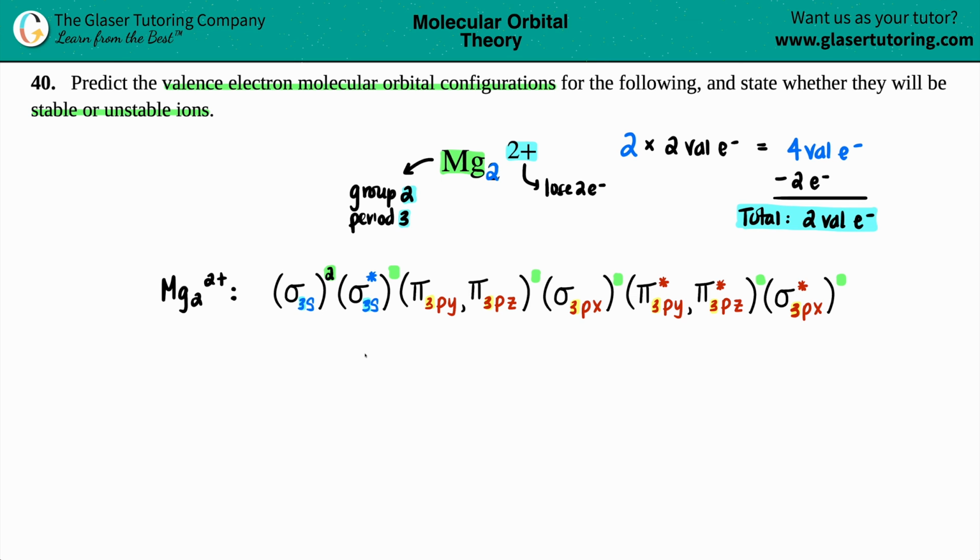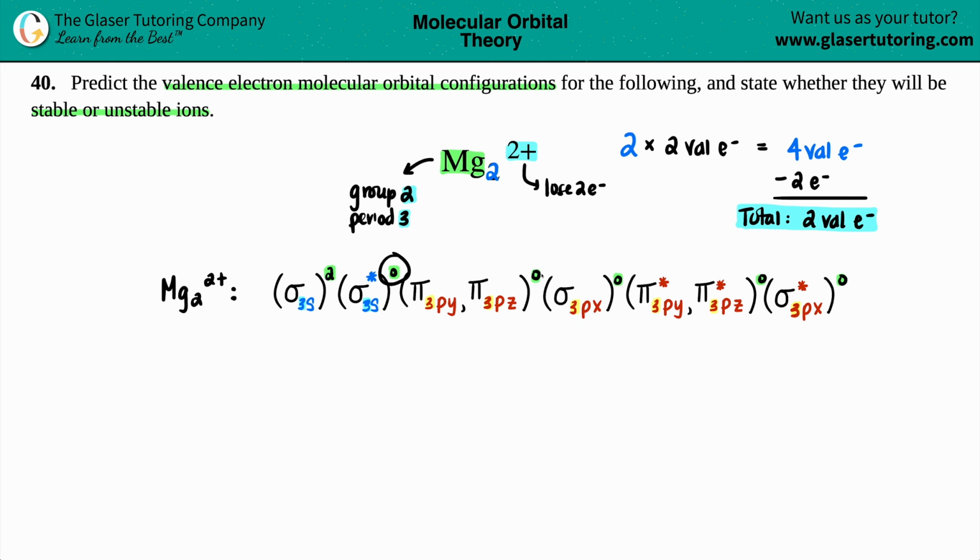And now, how many electrons are in the antibonding sigma orbital? 0. And basically, all the other ones would also be 0, because the total amount has to equal those total valence electrons. Now, for a complete answer for the valence electron molecular orbital configuration, you only keep up until you have the last number.